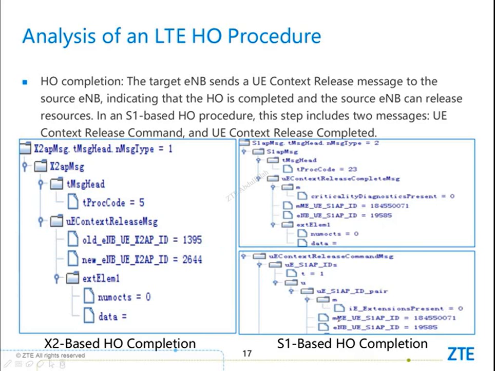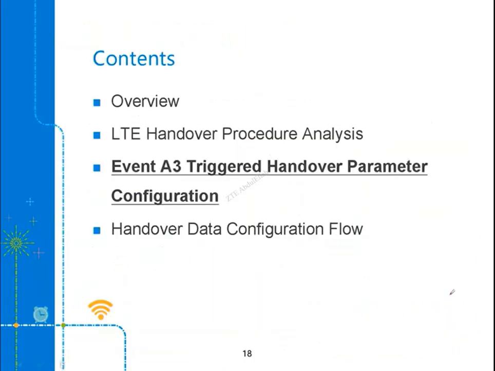But for the S1 based handover completion, they need two steps because they need to send to the core network, and through the core network send to the old eNodeB. So in the first step, the new eNodeB sends the context release command to the MME, and the second is the MME sends this message to the old eNodeB. Okay, so this is the second part, the LTE handover procedure analysis.